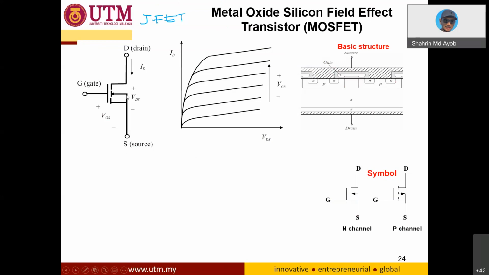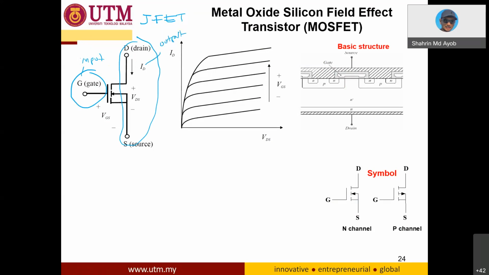This is the symbol. I think you need to remember this symbol. So you have a drain, you have source, and you have gate terminal. This is the input part, where the control signal comes from here, and this is the output part.